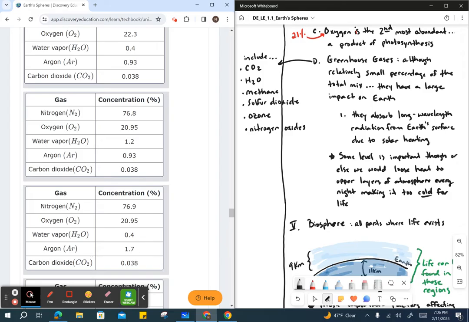What happens is the sun's solar energy heats up the planet. As Earth warms up, it emits long wave radiation, and these greenhouse gases are really efficient at preventing that radiation from exiting back to space. And so it gets trapped, and that starts to increase the temperatures here on the planet.